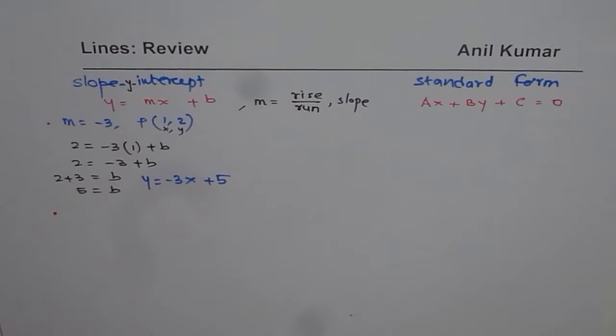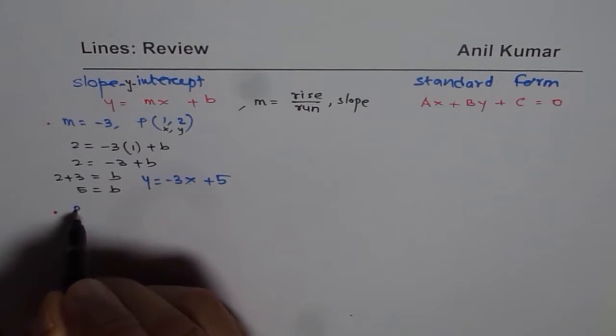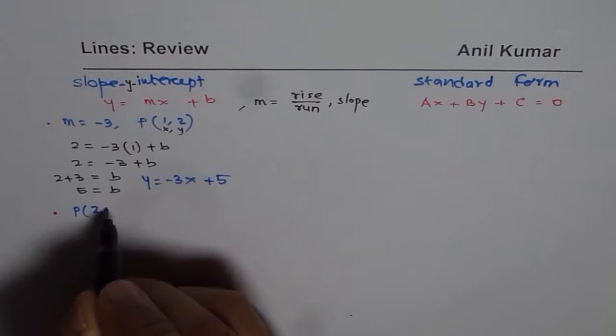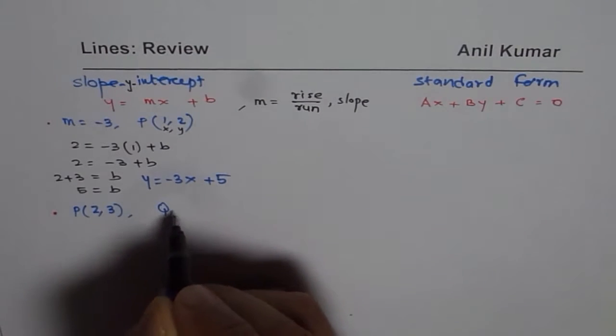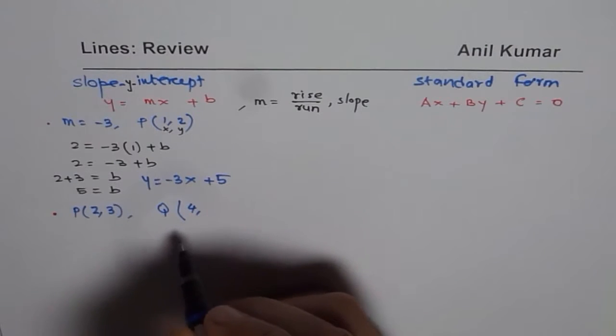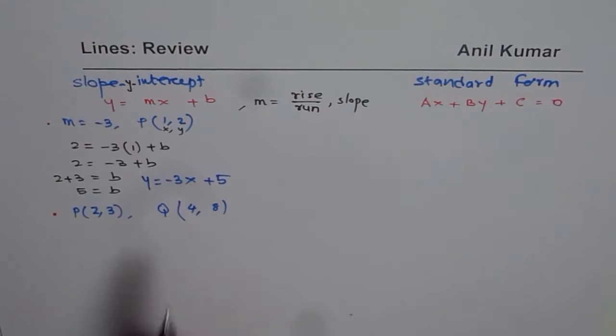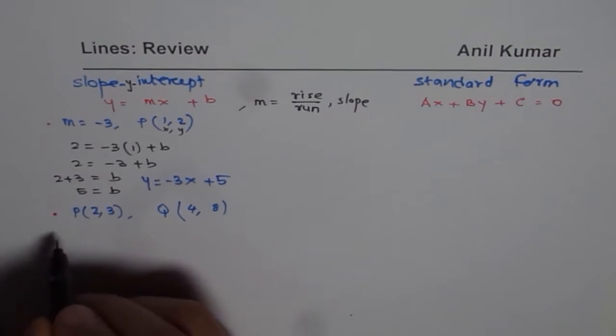Now you may have questions where you have to find the equation of a line going through 2 points. Let's say point P is (2, 3) and point Q for us is (4, 8). Okay, so these are the 2 points. In that case, the steps involved are, first, find the slope.